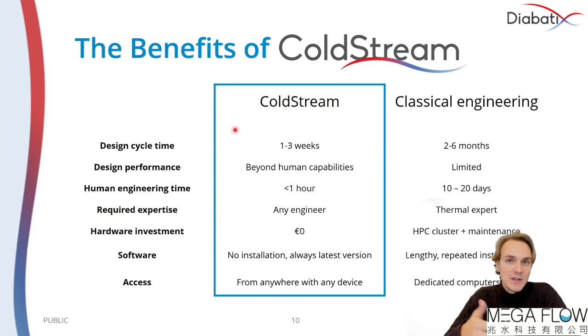And that's another great benefit, that you don't have to have a background in CFD, because the meshing is automated by the tool. And therefore the entry barrier to very high performing designs is much lower. I should mention that ColdStream is a cloud-based software, so there's no hardware investment, and you always have the latest version and access from anywhere with as many users as you want.